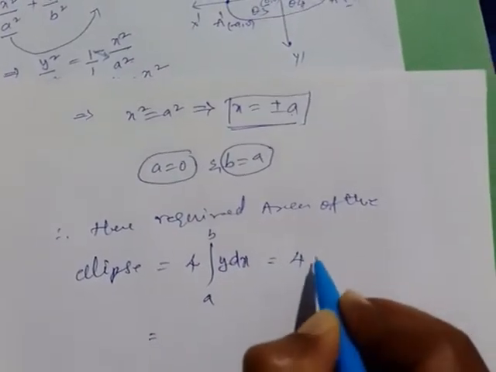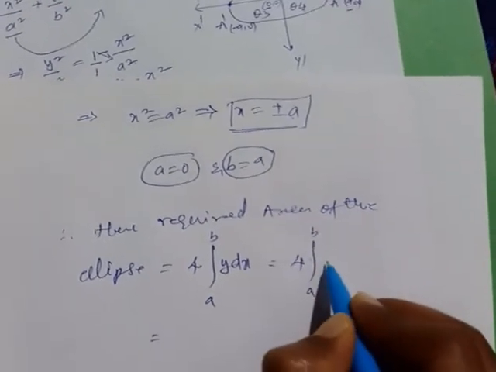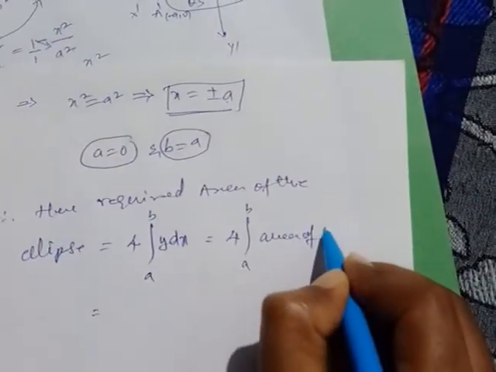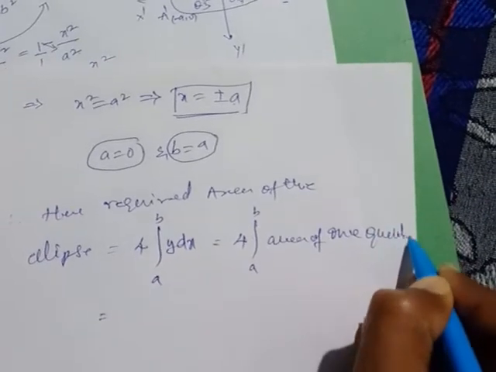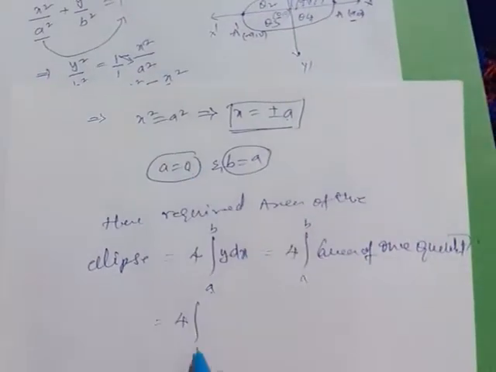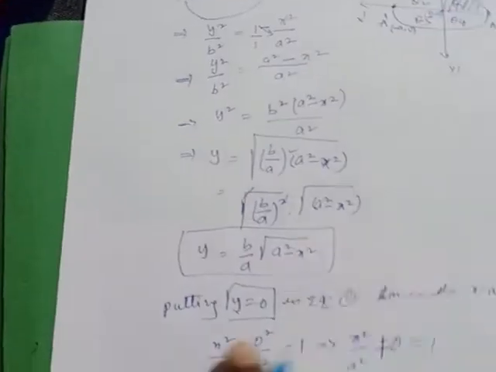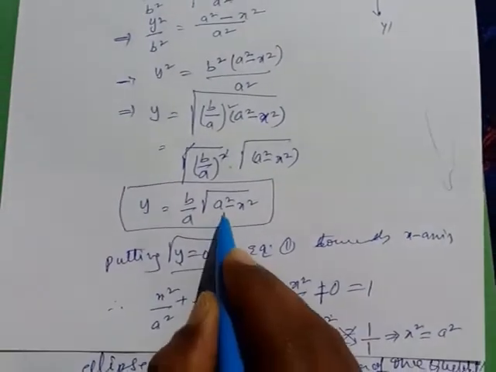See, why it is 4: it is 4 times the area of the first quadrant, one quadrant. So 4 times the integral, the lower limit is 0, the upper limit is a, and y, we know that y value is b by a under root a square minus x square.